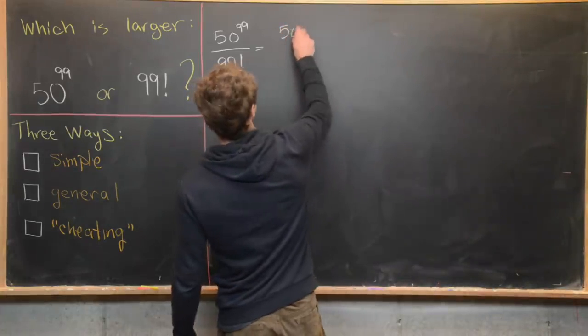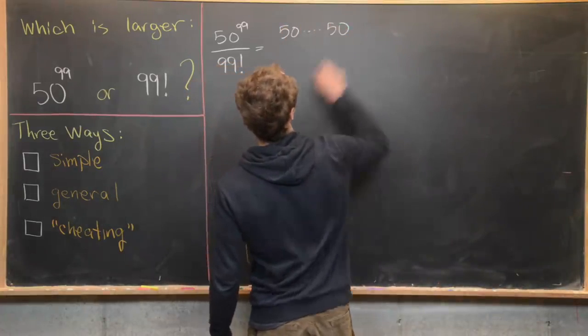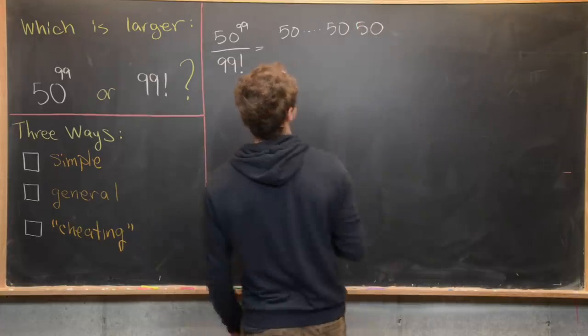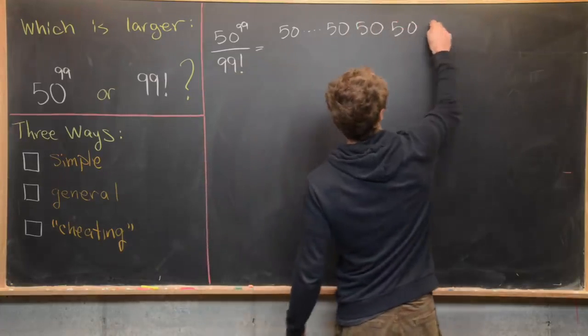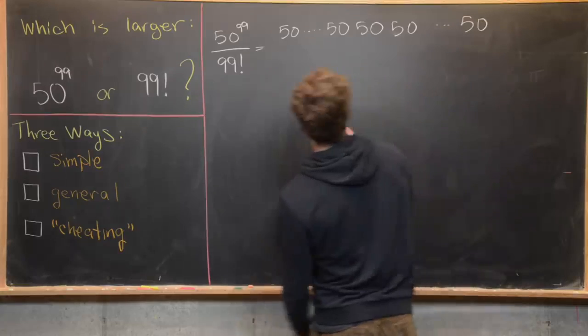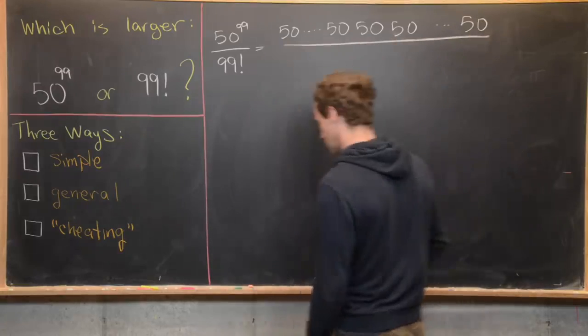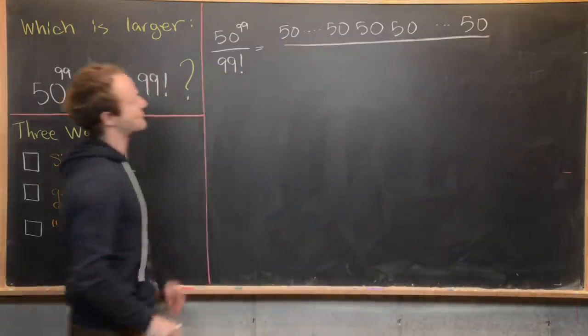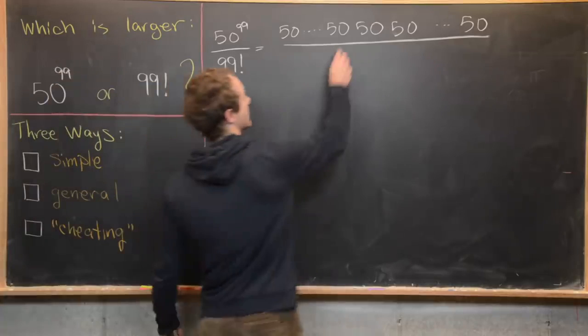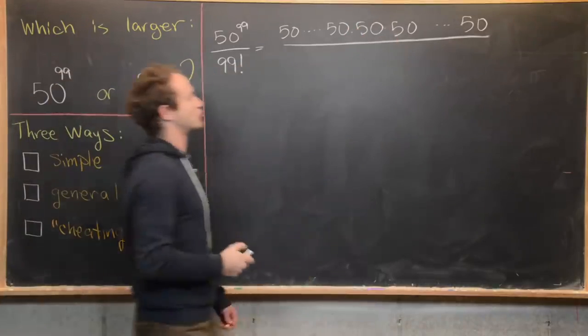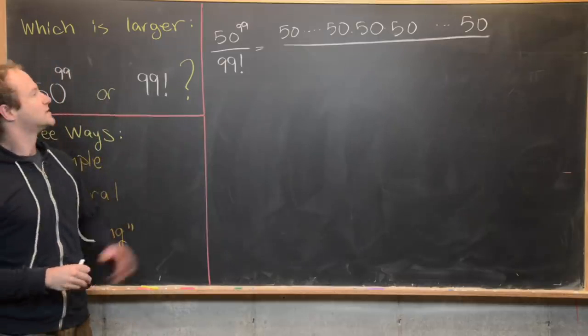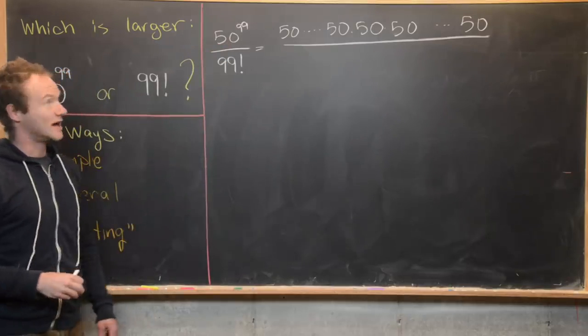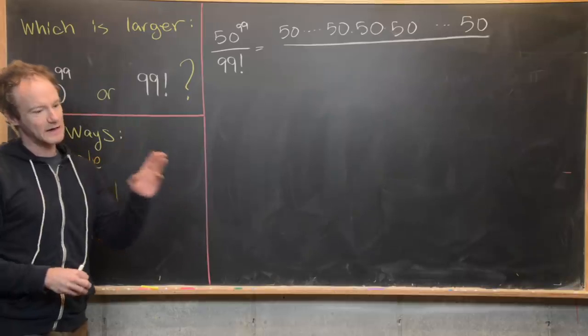So let's write this as 50 all the way down to 50, and then this 50 in the middle, and then 50 all the way to another 50. That's the numerator. Now, how many 50s do I have there? I'm cutting this right in half. Since 99 is an odd number, it has a middle point.